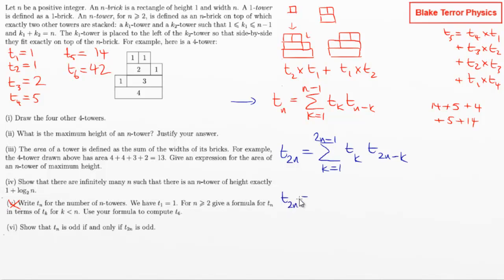So T2n is going to be equal to Tn plus, so we've got rid of the first big chunk of this. So we're then going to be going from k equals n to 2n minus 1 of Tk T2n minus k. So I've just chopped off the first bit of that sum. Okay, so we've got something that is odd in there.